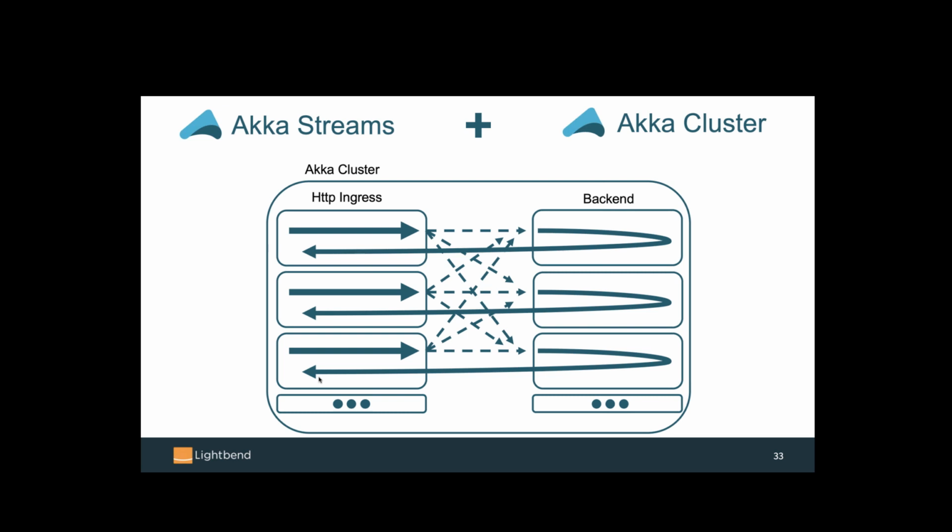So we're able to introduce this really cool element of backpressure. We're able to take advantage of in-memory state with Akka sharding or distributed data. We're able to add and remove nodes that are still able to communicate and have a relationship with each other.